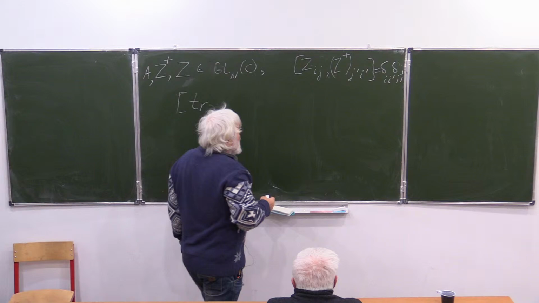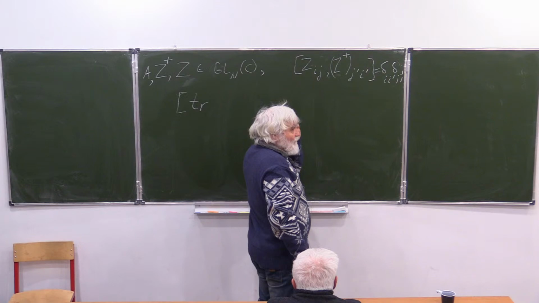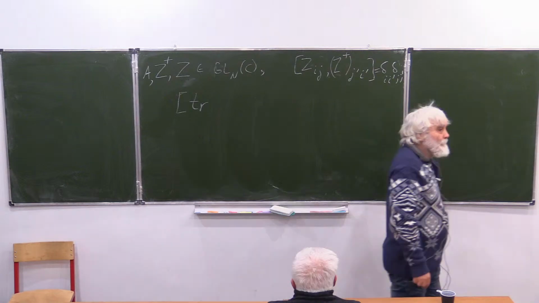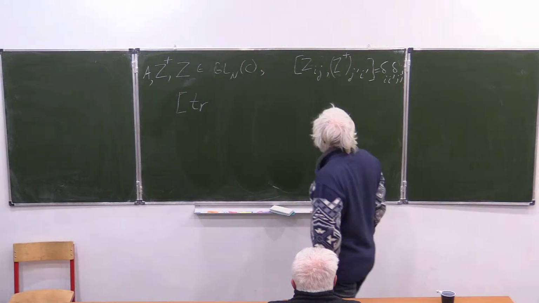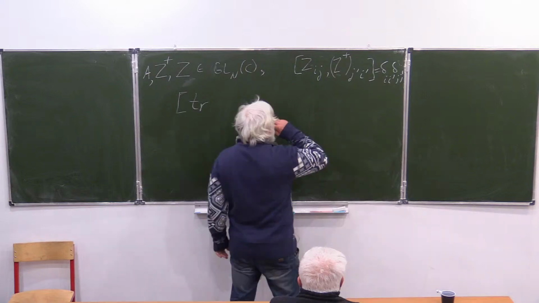So with a constraint? No. You see, we have bosonic operators, and we have two types, Z and Z dagger, which is Hermitian. Yes, you are right.